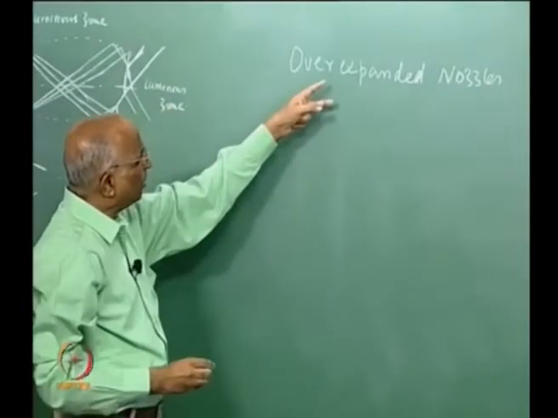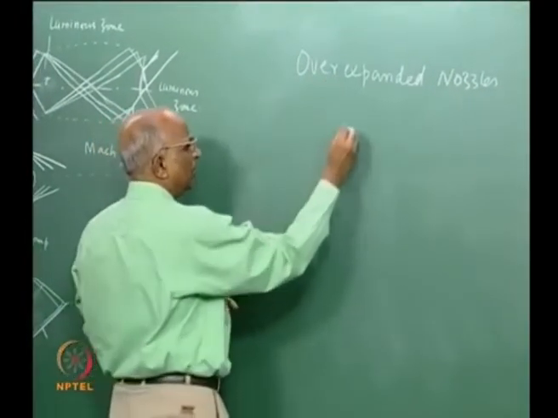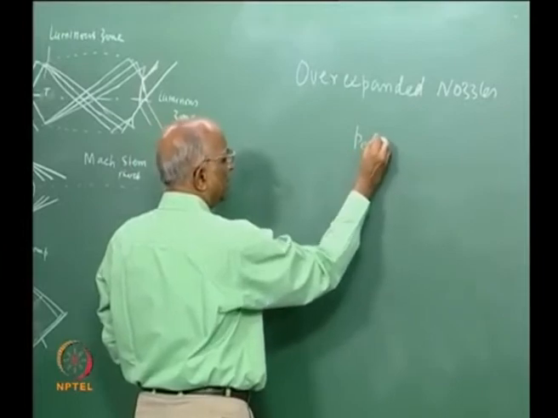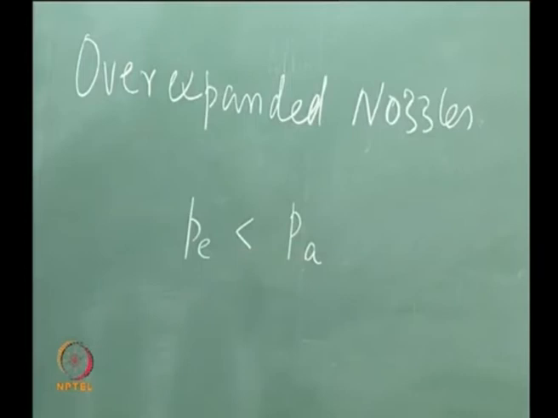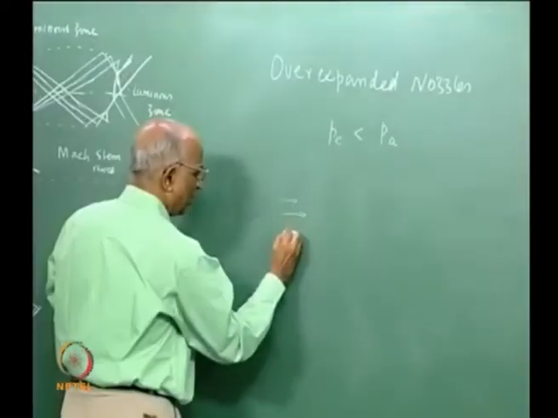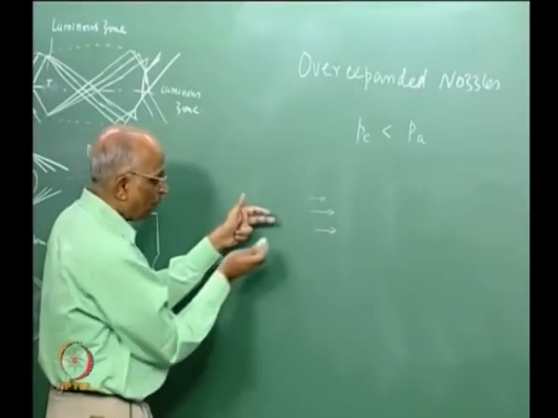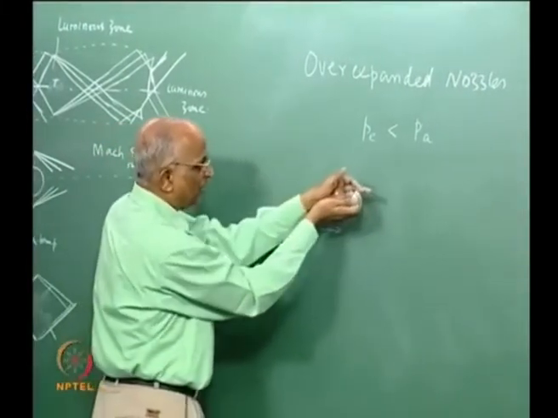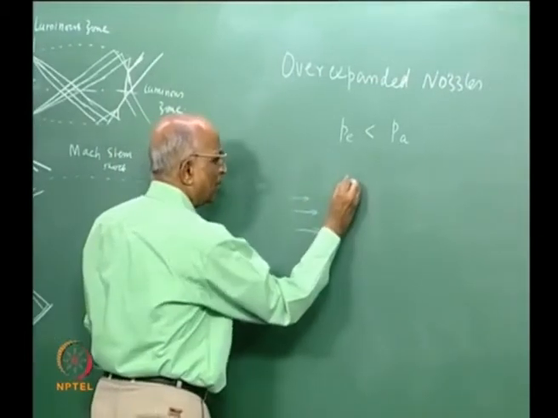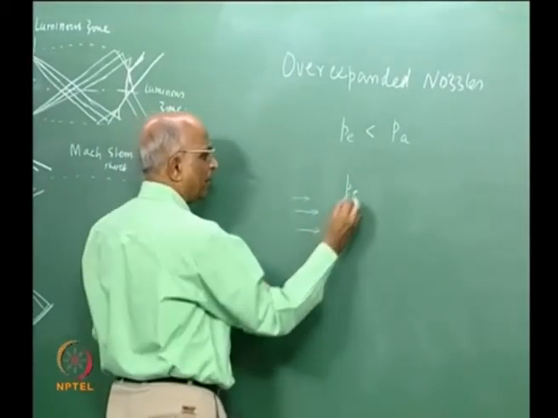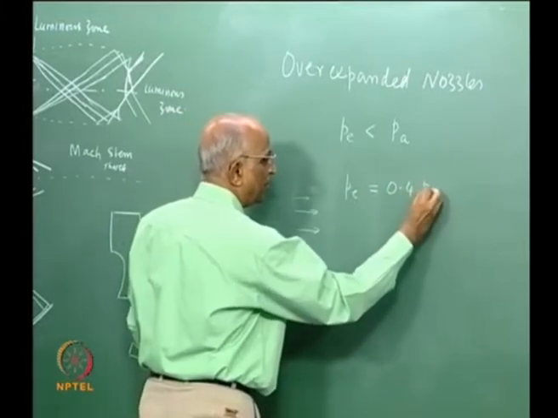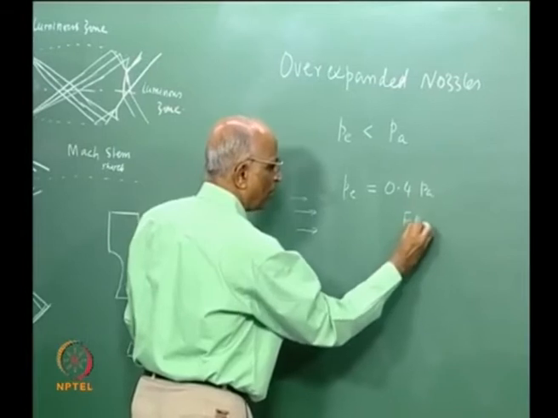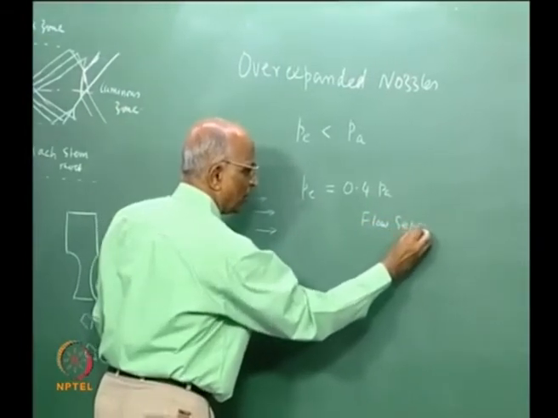We told ourselves that nozzle over expands, that means PE is less than the value of PA, right? This is the condition. But in general, gas is flowing at high velocity in the nozzle, in the divergent, and therefore you have a lot of inertial forces, and in practice when the exit pressure is equal to something like 0.4 times the ambient pressure, then only I have this problem of flow separation and shock formation.